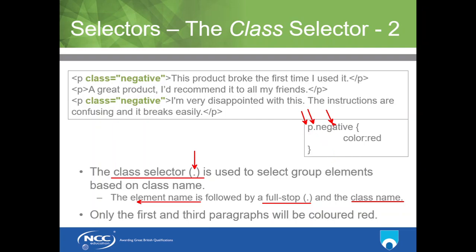When we do this, any paragraph that has class equal to negative is going to have its text color be red. So this one will be colored red, and this paragraph will be colored red. But this one here will probably have the default color black. So are you seeing how we use the class selector? That's how we use the class selector.